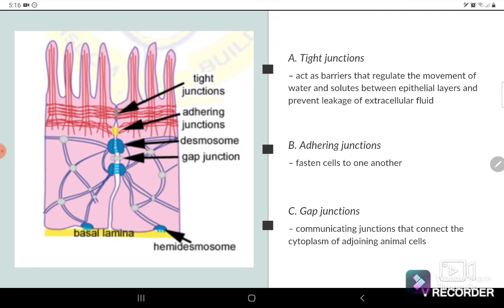Now we also have the adhering junctions. They function in fastening cells to one another. They join cells with one another. And last we have the gap junction. They are the communicating junctions that connect the cytoplasm of adjoining animal cells. So they serve in the communication between cells.